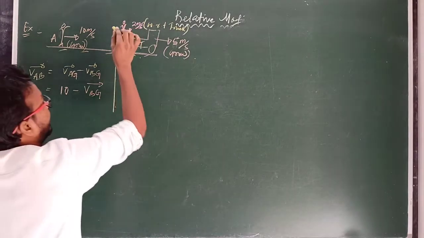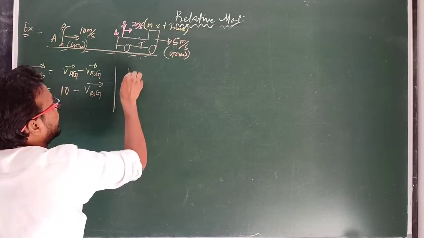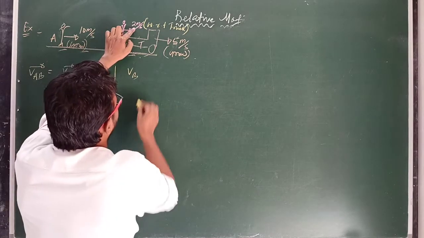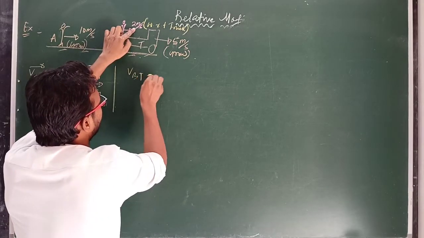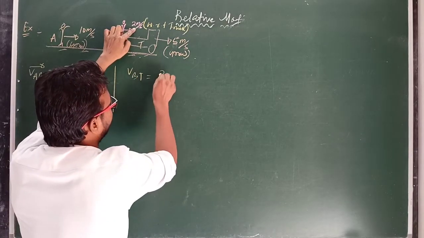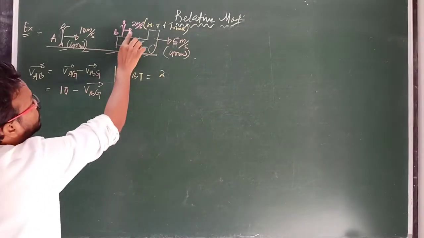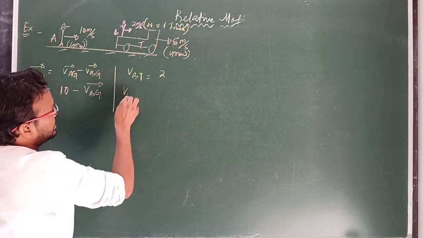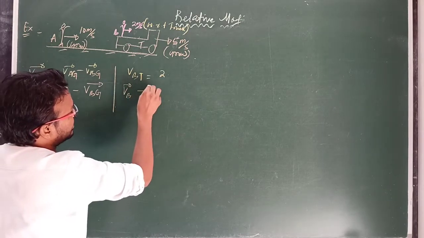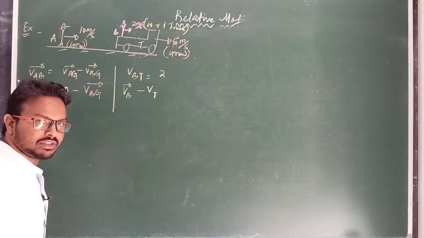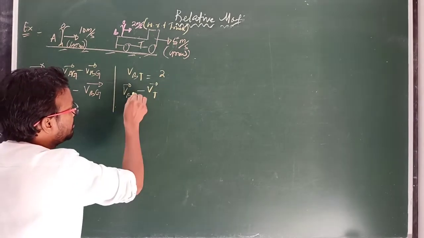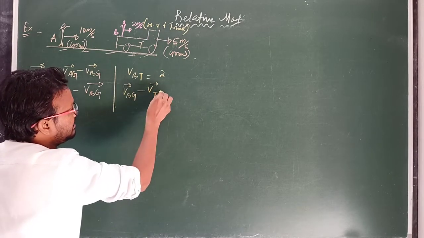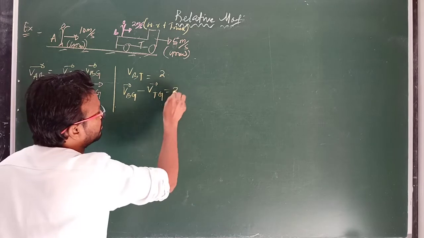Now we already have a relation, velocity of B with respect to truck, how much, that is 2 meter per second, this is given. So we can write here velocity of B minus velocity of T by using relative velocity formula, but we have to use ground frame, this is ground frame and this is also ground frame, which is equal to 2.